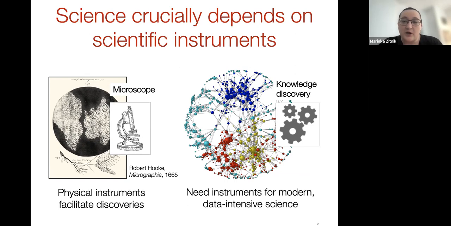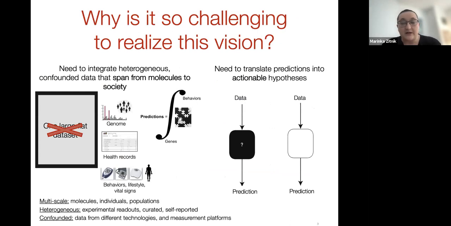Those instruments will not be physical devices anymore, but can also be virtual devices, so algorithms and machine learning tools that we are developing. This is a great vision that is shared by many in this field, but it's still very challenging to realize this vision in practice in the scientific arena today.